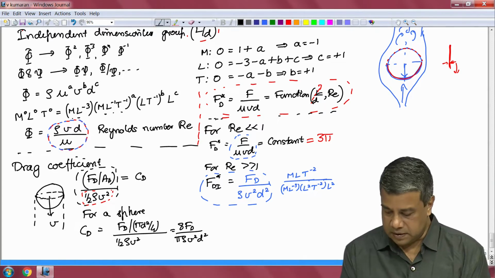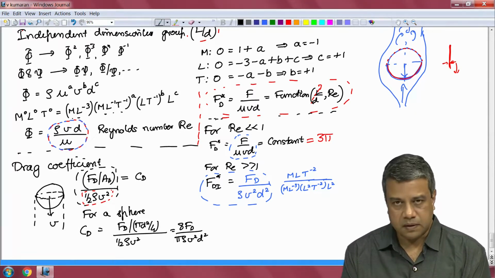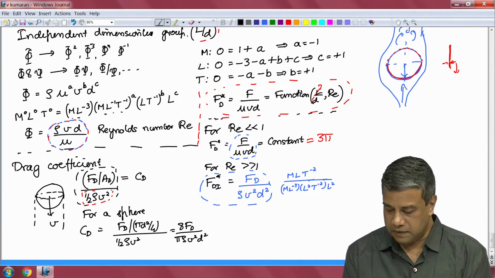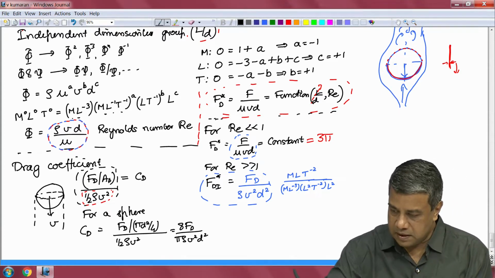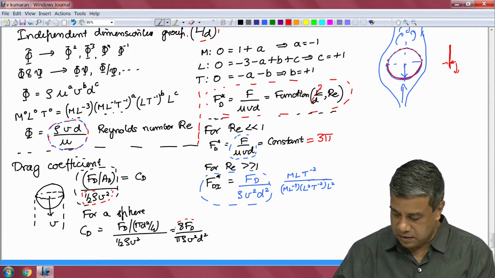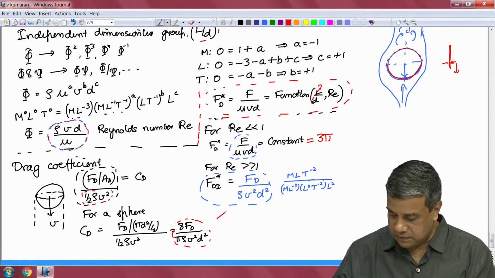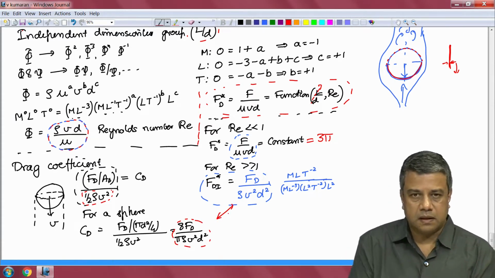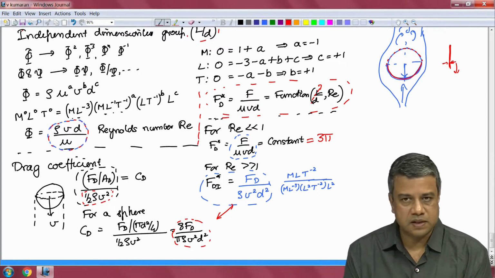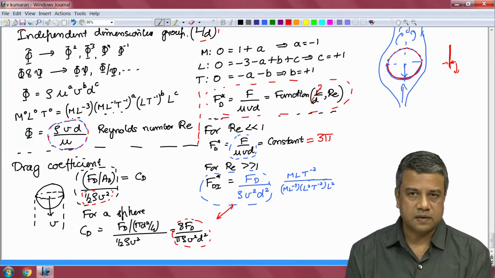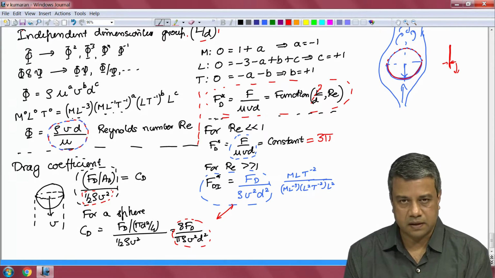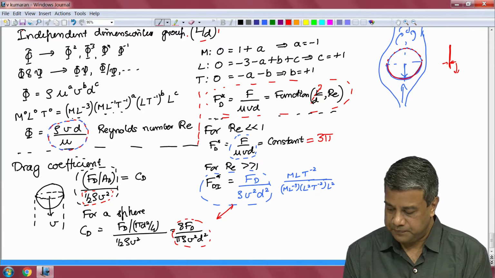If I just expand it out, I get 8 F d by pi rho v square d square, which is, to within a multiplicative constant, the same as the inertial drag force, the drag force scaled by the inertial scales. So, this is how the drag coefficient is usually defined in these problems.